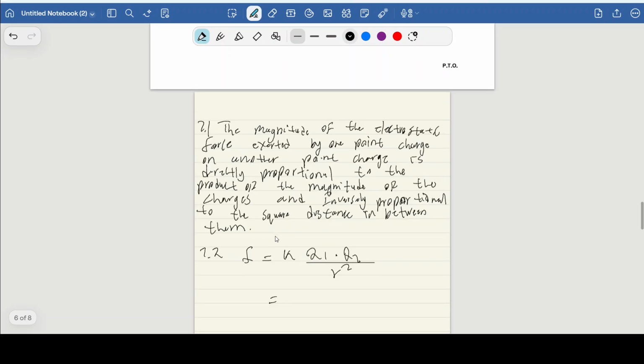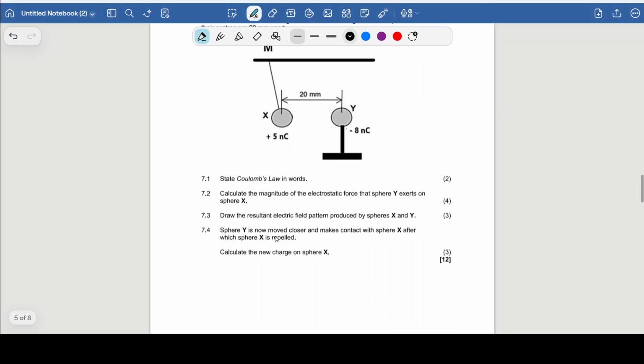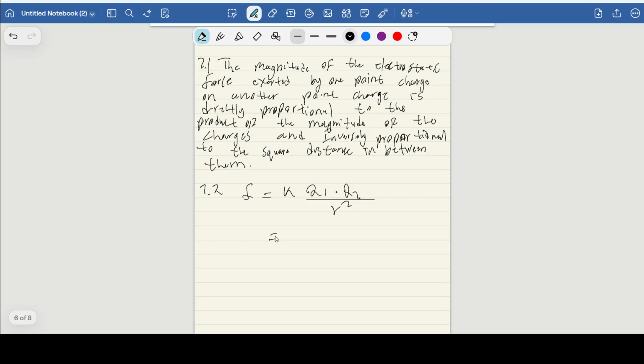Now calculate the magnitude of the electrostatic force. We've got both the charges. So it's going to be 9 times 10 exponent 9, 5 times 10 exponent minus 9, then 8 times 10 exponent minus 9.